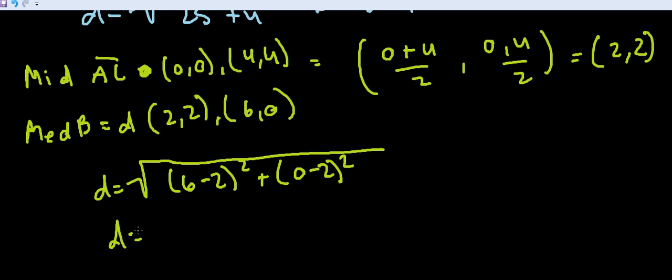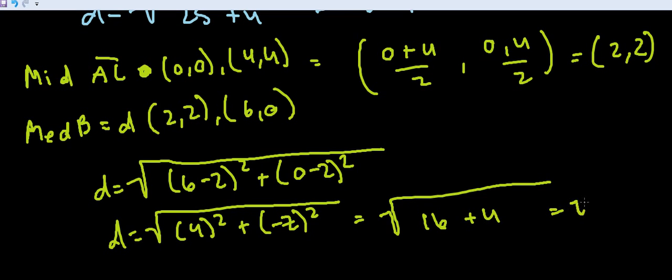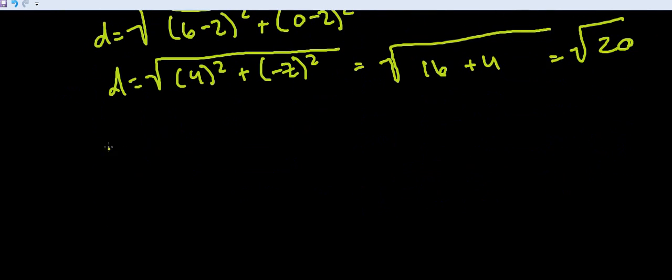This gives us 4 squared plus negative 2 squared, which is 16 plus 4, so the square root of 20. The median of B is equal to the square root of 20.